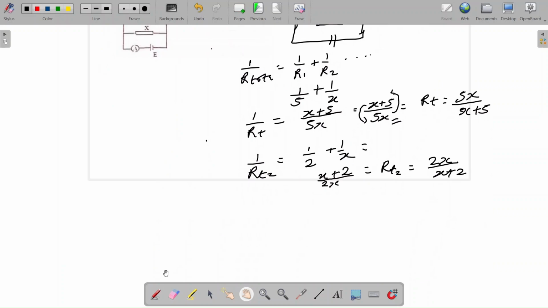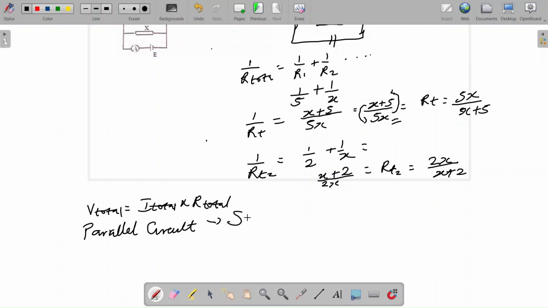Now you are told that V total equals I total times R total, right? And we know it is the same voltage. According to the parallel law, parallel circuits have the same voltage flow.